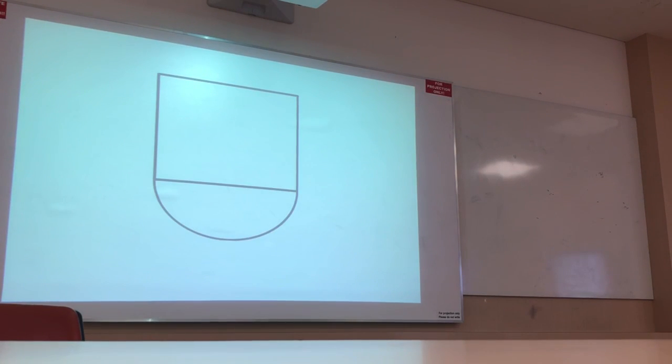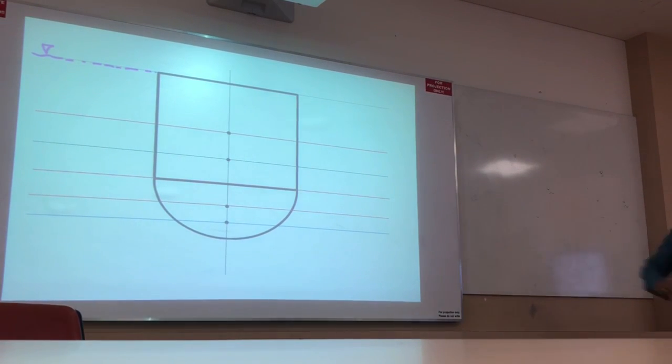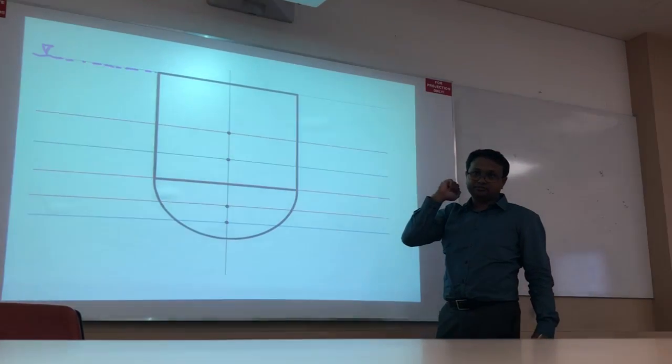These are the shapes, right? Try to understand. What is this? This indicates the surface of the water. So water is here, right? If the water is at the top, you have to add the additional distance.